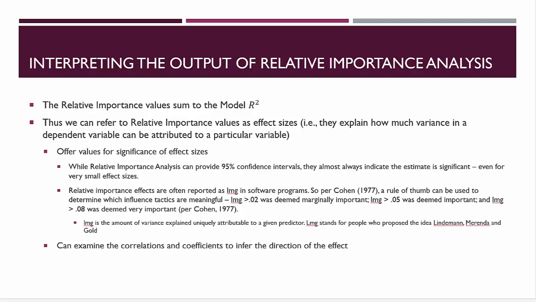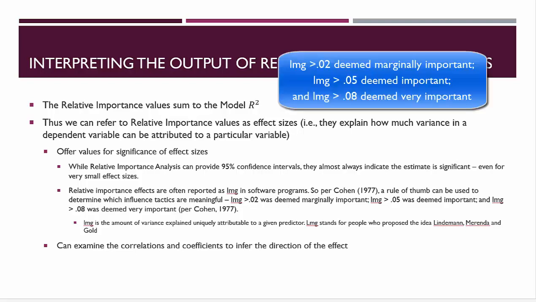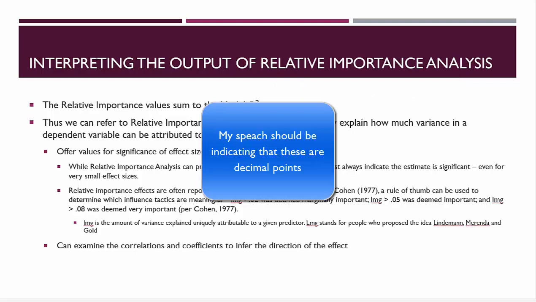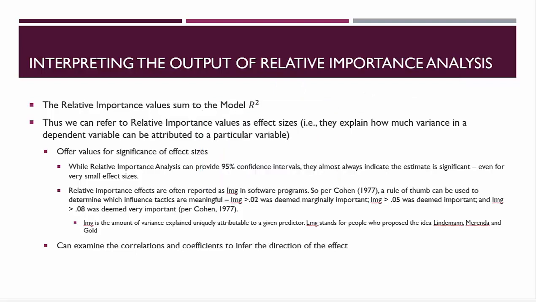And so it's common to refer to LMGs that are greater than 2 as being marginally important, LMGs that are greater than 5 as being important, and LMGs greater than 8 as being very important. So if our LMG is 2 or below, we wouldn't consider it to be meaningful.